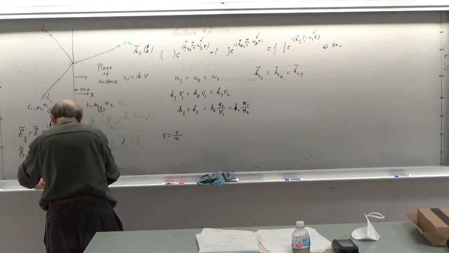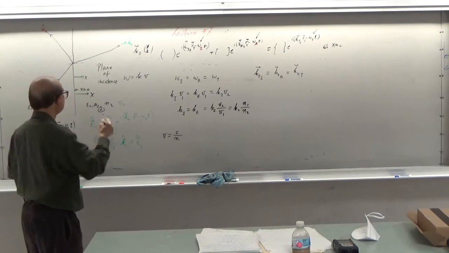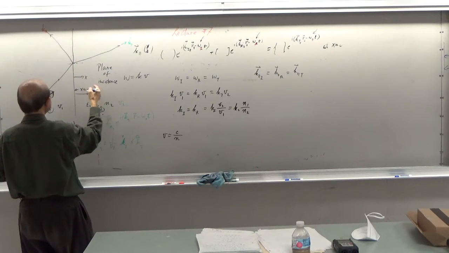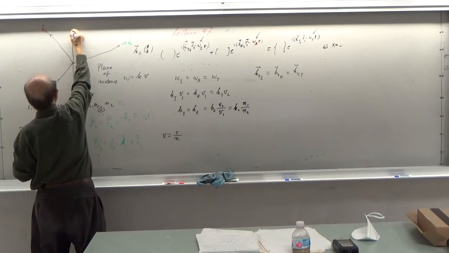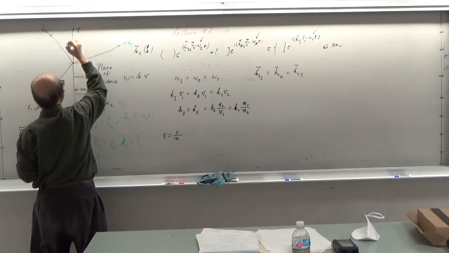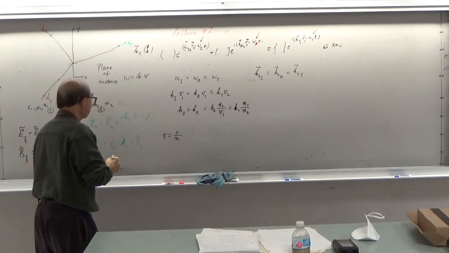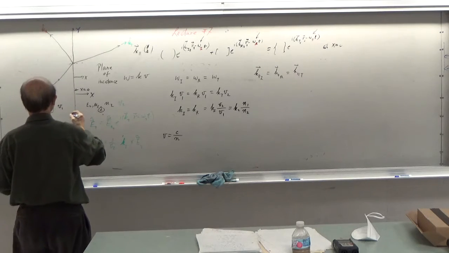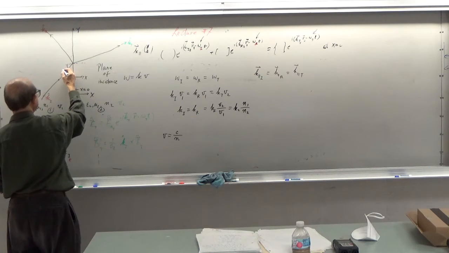Let me adopt coordinates such that this plane of incidence is the plane formed by the x-axis and the y-axis. Now let me also note down the angle of incidence.